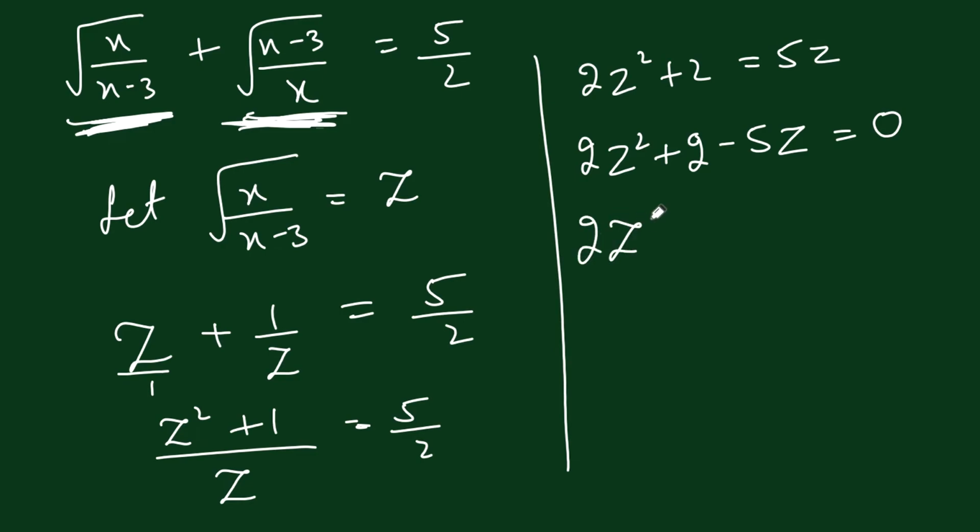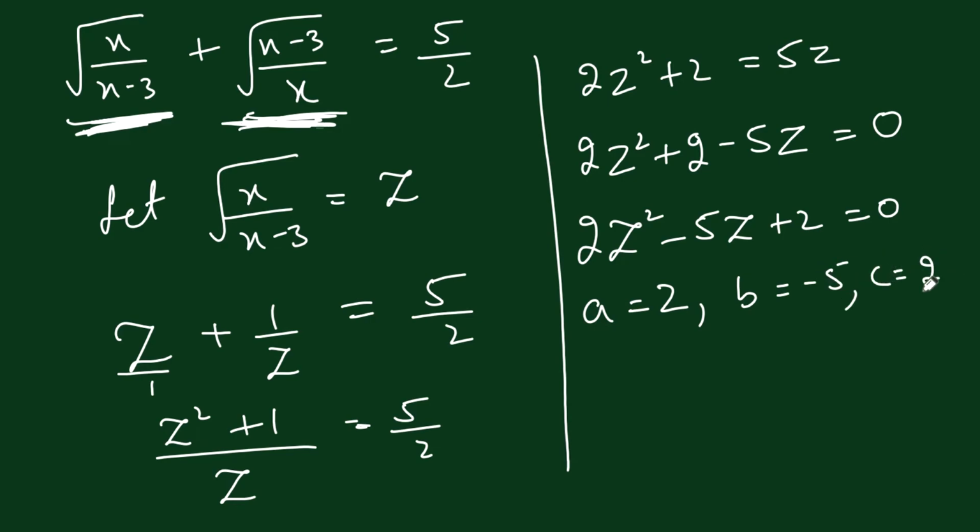Standard form is writing first the square term, then z term, then I write 2. I just rearranged, I didn't send any term to left side or right side. So rearranging, no sign change. So you can see here it's a quadratic equation in the form of z, where a is 2, b is minus 5, and c is positive 2.